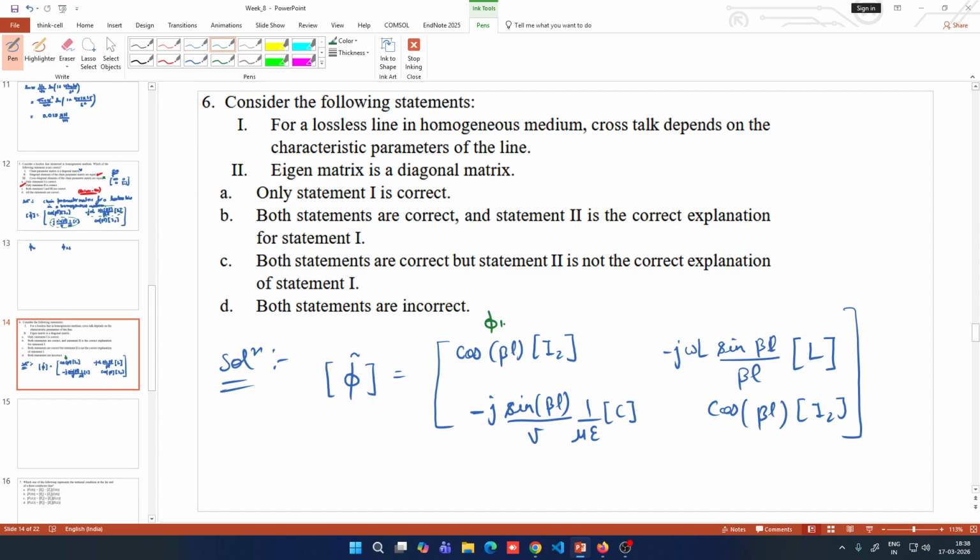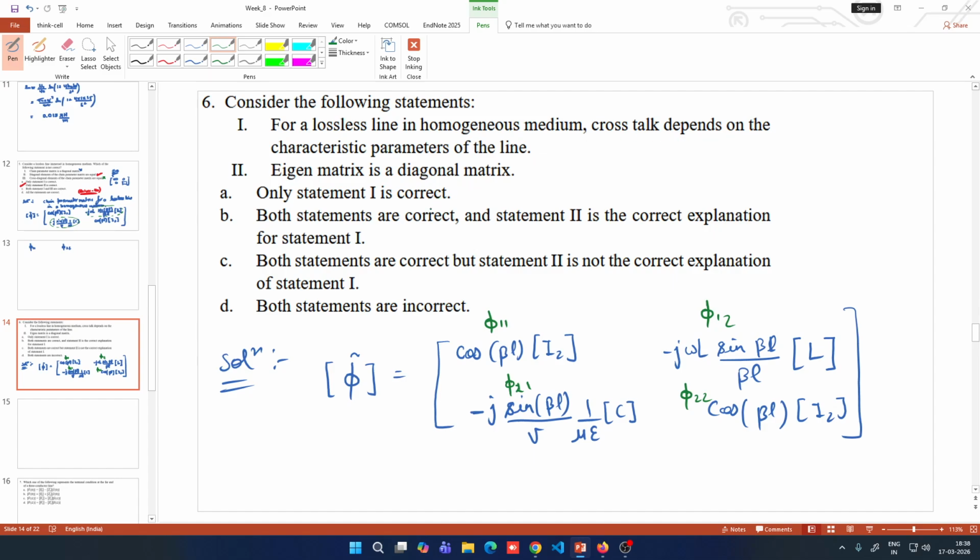So this is our phi11, phi12, phi21, phi22.